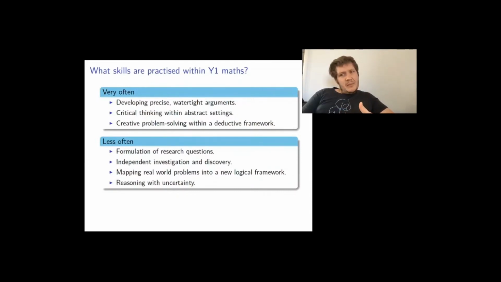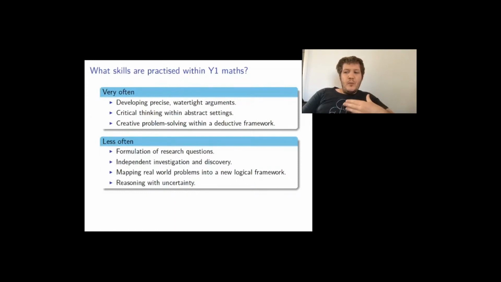But then thinking about what we said for the curriculum review, there are some skills that I think aren't practiced so often. So formulation of research questions, that's something that perhaps doesn't occur so much as it does, for instance, in experimental sciences such as biology.